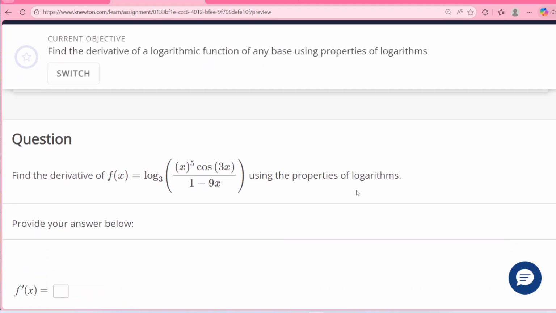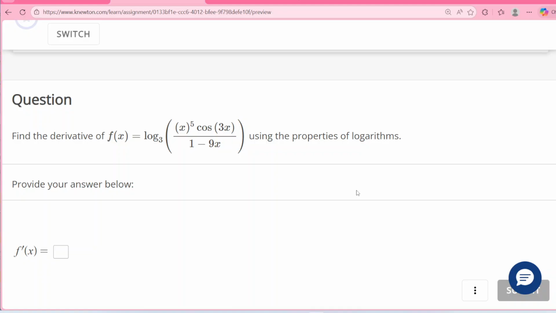All right. So another one with properties of logs. So again, this is log base 3. All right, so I'm going to do everything I did with natural log, but just remember to put the natural log of 3 as a factor in the denominators of the derivatives.